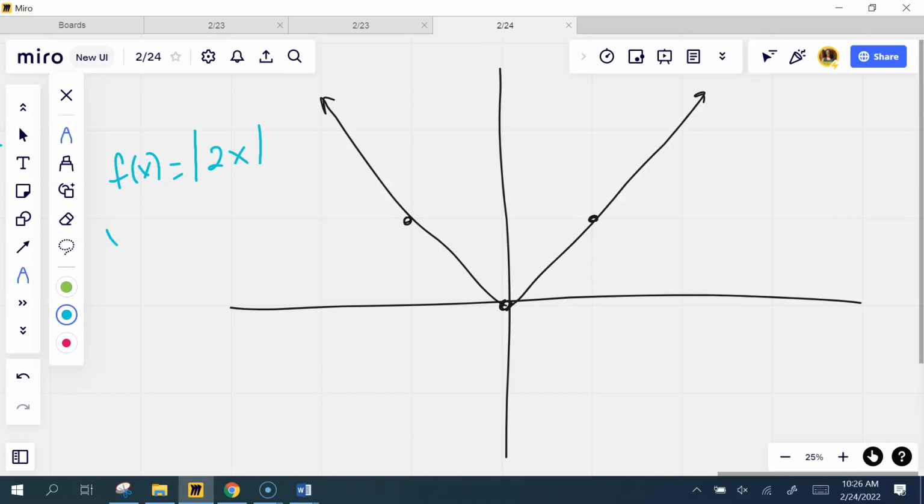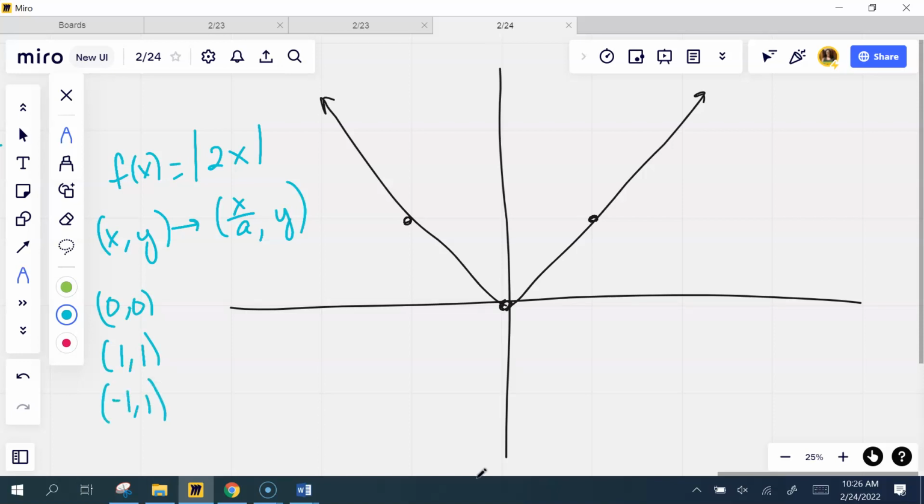So all of my points are going to become (x over a, y), bless you, but y is going to stay the same. So my points on my parent that I'm using, (0, 0), (1, 1), (negative 1, 1). Are we all in agreement? Okay. So each one of these, what is my a? a is 2. The factor is 1/2.